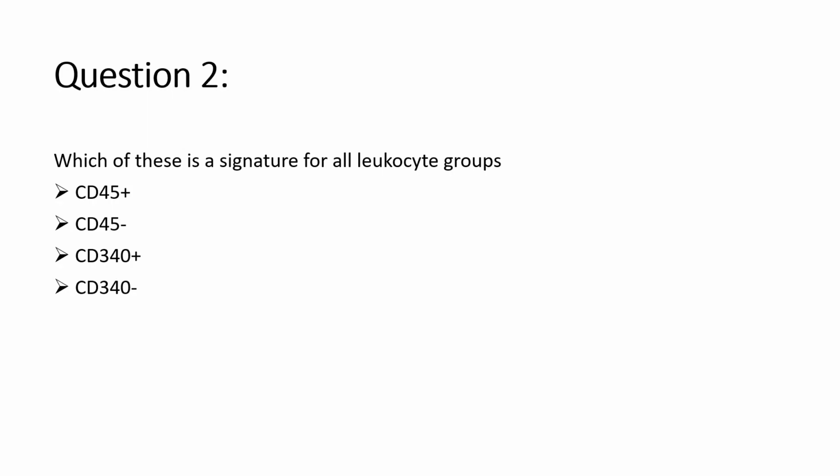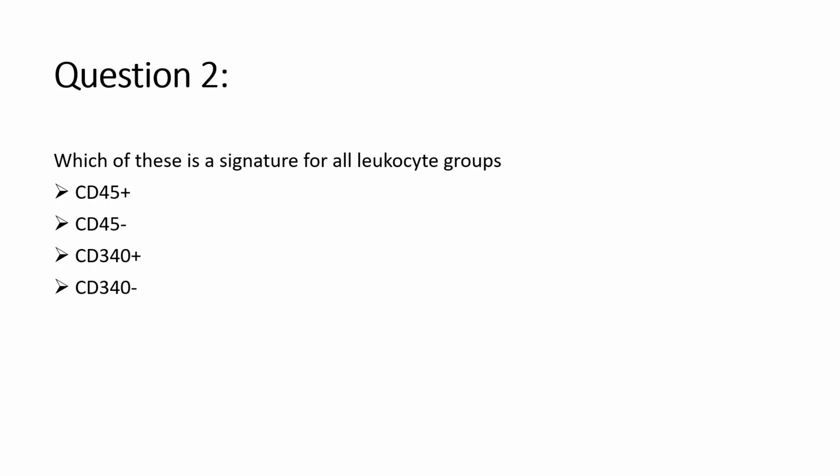So these are all examples of markers which are found on the surface of the cell membrane, and they could be used to characterize our different cell types. As we had already discussed, different cell types express different kinds of markers at different developmental stages.